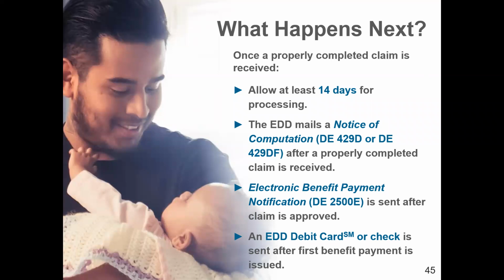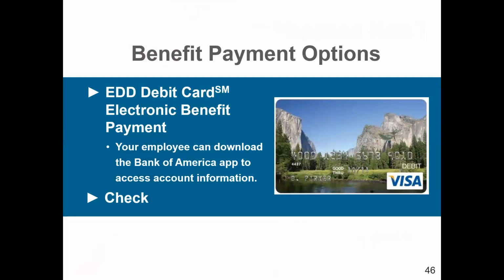Let's say a claim has been processed and benefit payments have been paid. Then your employee will get an EDD debit card or a check, and they have the option of selecting how they want to get that done. Next slide, please. If they select a debit card, it is sent to them through Bank of America. If they select a check, they can do so as well. But we always recommend the debit card option because there are many benefits to selecting it.